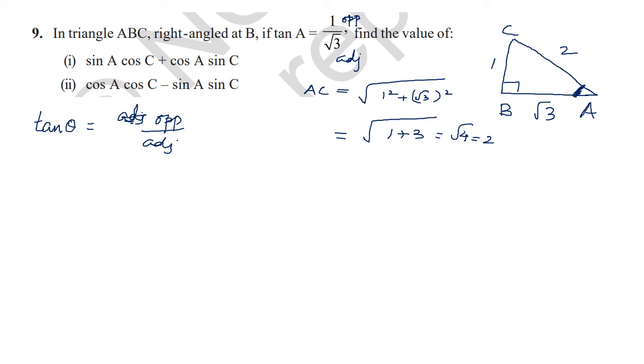Find the value of sin A cos C. What is sin A? Let us find the value of sin A now. Sine is opposite by hypotenuse. Opposite is 1, hypotenuse is 2, so 1 by 2. Then we have to find cos C. What is cos C?